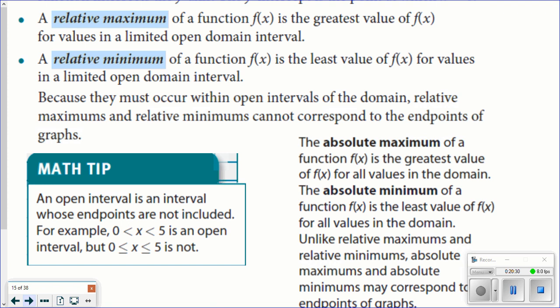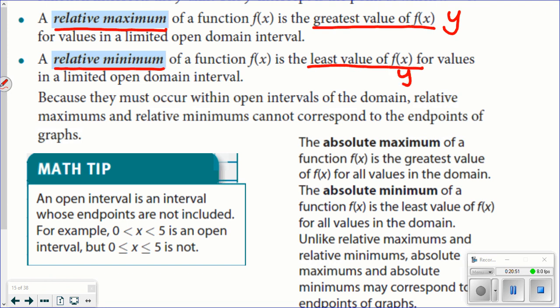A relative maximum is the greatest f of x value, which is the greatest y value, in a limited open domain interval. A relative minimum is the lowest value of y for values in a limited open domain interval.